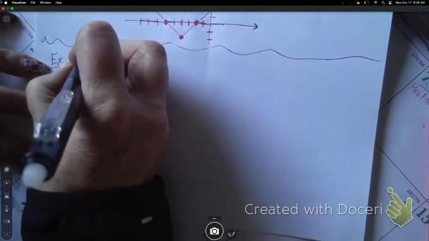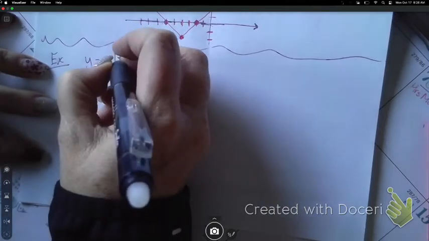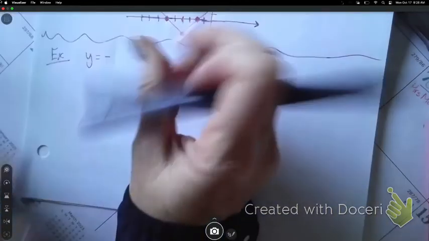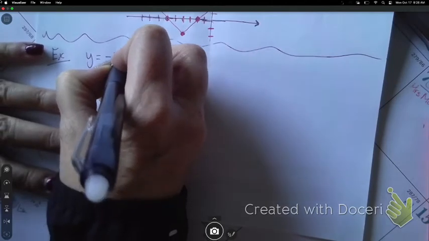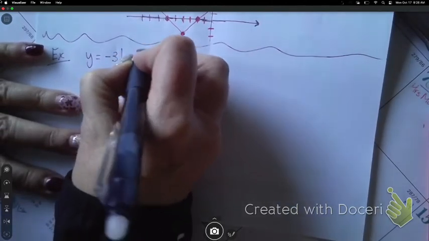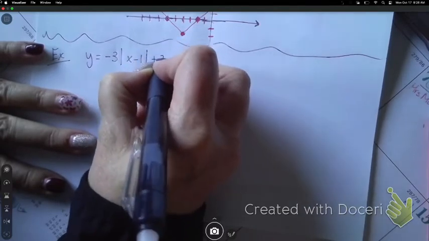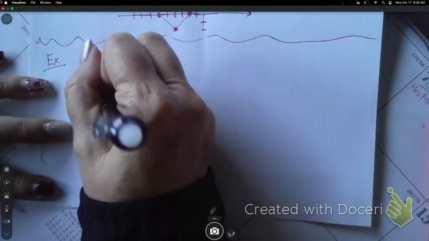So y equals negative 3 absolute value of x minus 1 plus 3. So we need to graph it.